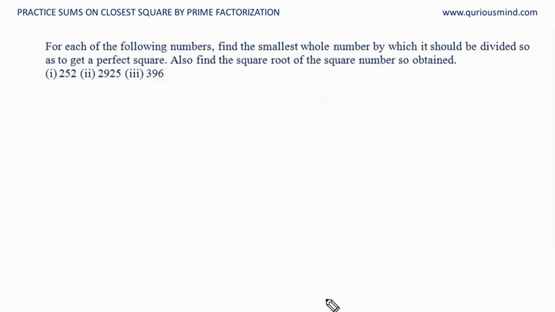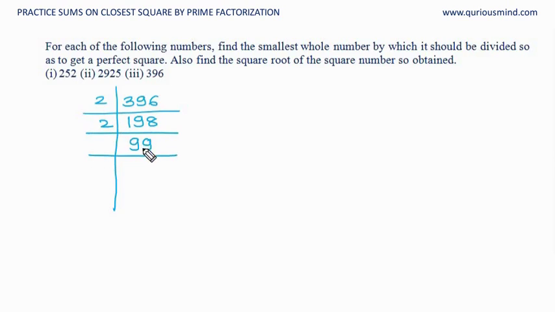Let's do the last sum. Find the prime factors. First is 2 because it's an even number. 2 is no more a factor, so let's go to 3. 3 is a factor. 11 is a prime number, so 11 is the factor.